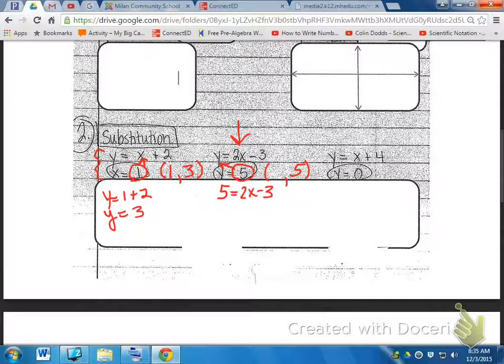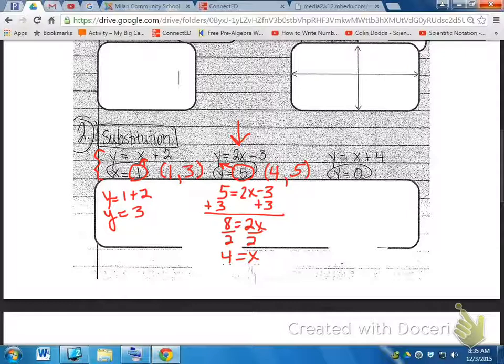This is a little more involved. What would I do first to solve for x? Add 3. So 8 equals 2x, and now what? Divide by 2, and it says x equals 4. So there you go, the ordered pair (4, 5).